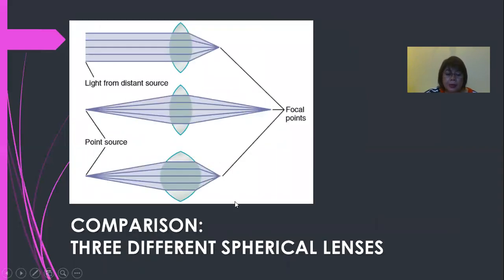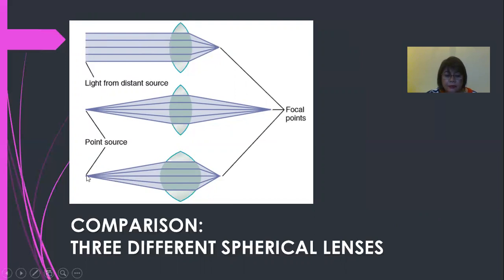Okay, if you have three different lenses of three different thickness, you will note that the thicker it is, the nearer it converges the light, the nearer the focal point there. So here you have a very far object. It passes through the lens, a thin lens. It converges here. Here you have a very near point source or near object.